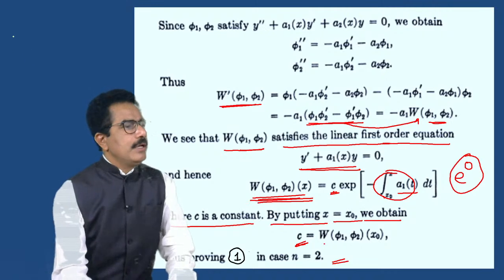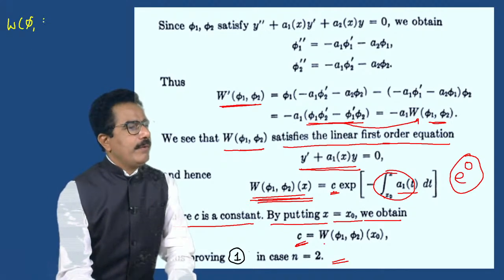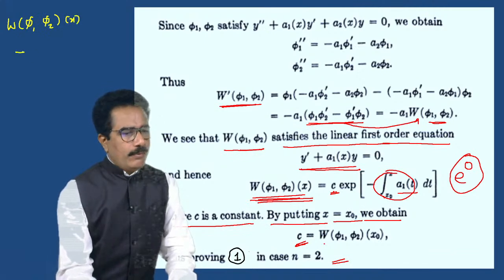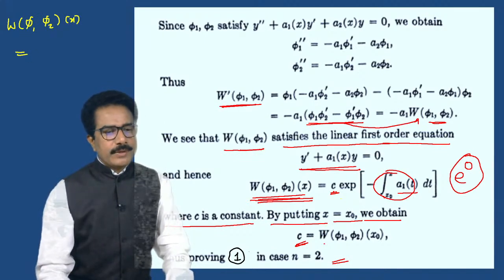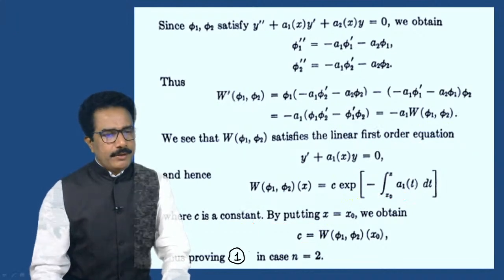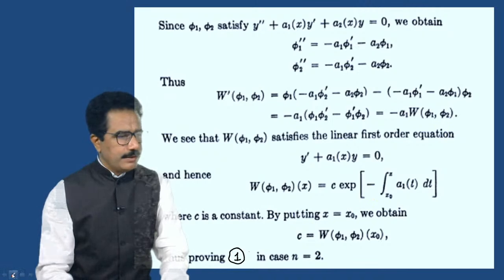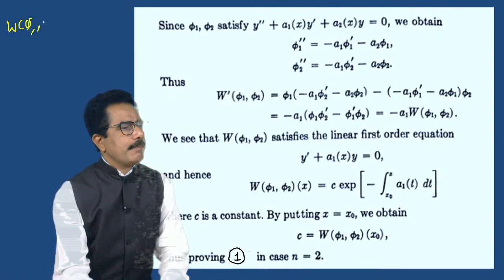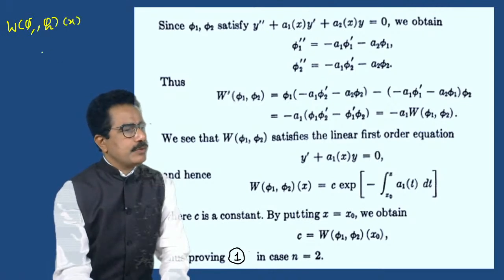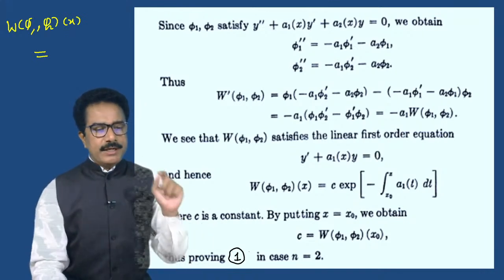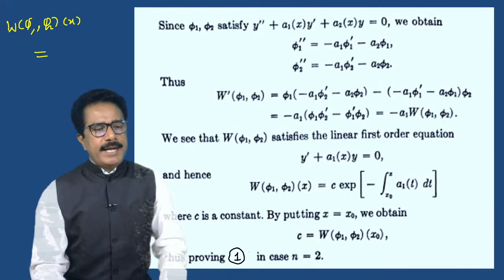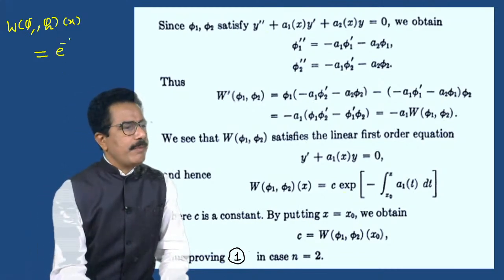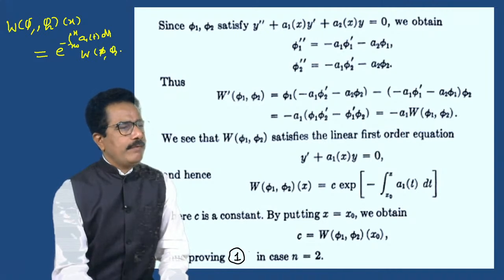For n equals 2, the Wronskian of phi 1 comma phi 2 of x equals c, which means the Wronskian of phi 1 comma phi 2 of x naught, and this exponential term as it is, e raised to minus the integral from x naught to x of a1 of t dt, into the Wronskian of phi 1 comma phi 2 of x naught.